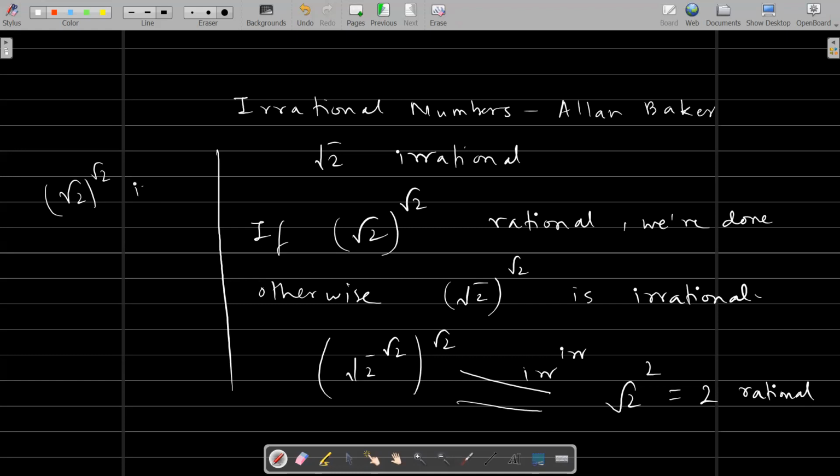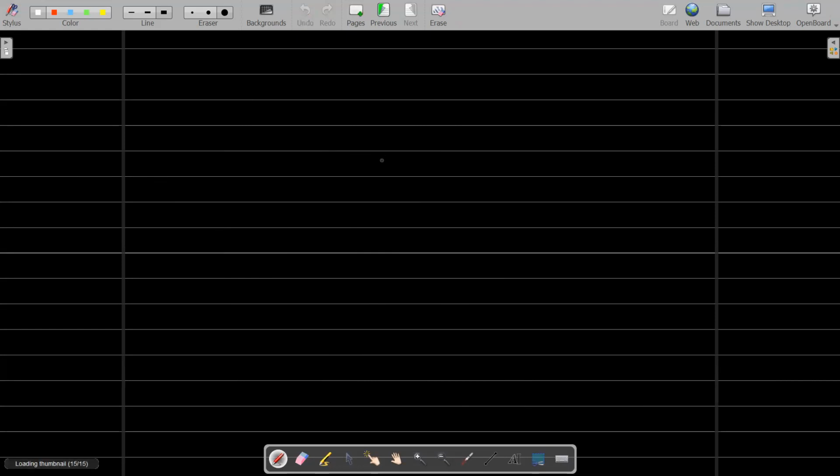This is irrational. Without knowledge of this, we argue this way. You look at root 2 raised to root 2, there are two chances. Either this is rational, in that case we are done. We have got an example where irrational raised to irrational is rational.